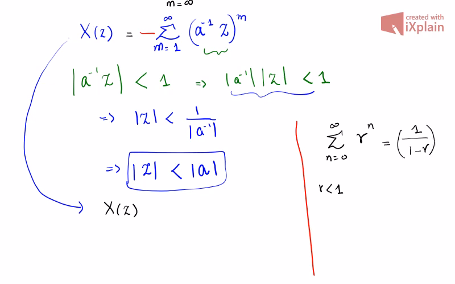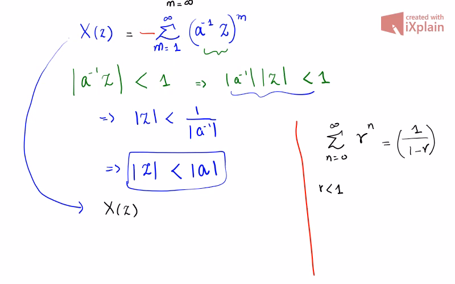But here we have m from 1 to infinity, so this is the problem. We do not have the term for m equal to 0. So we need the term for m equal to 0 in this summation, then we would be able to apply the formula.